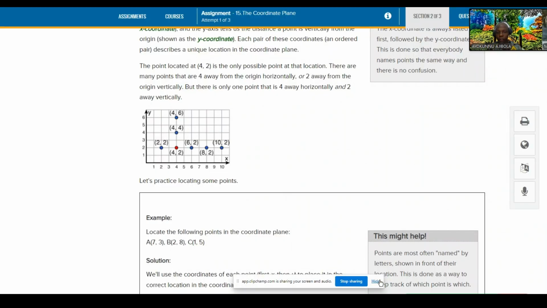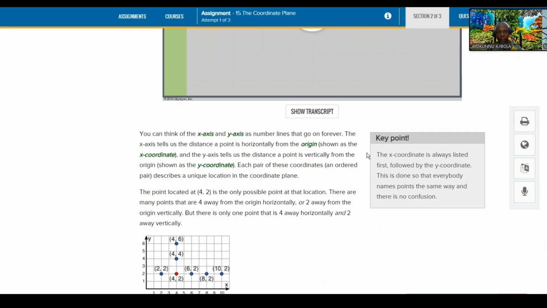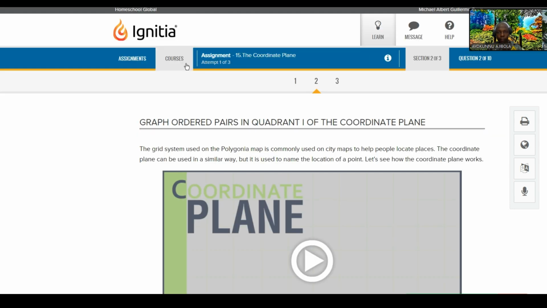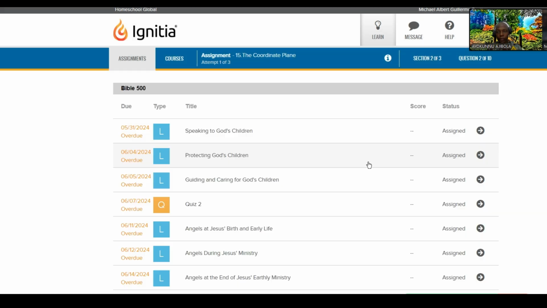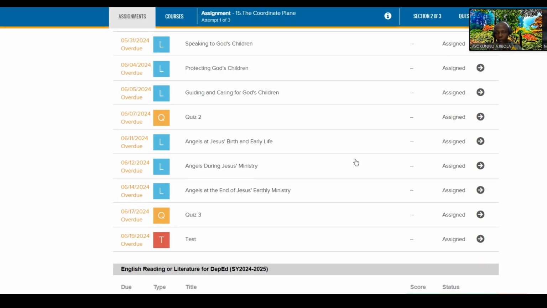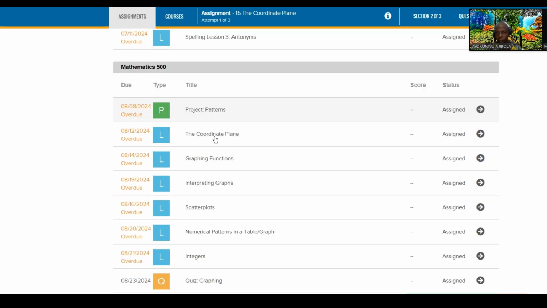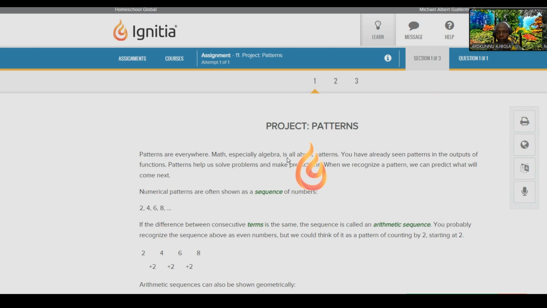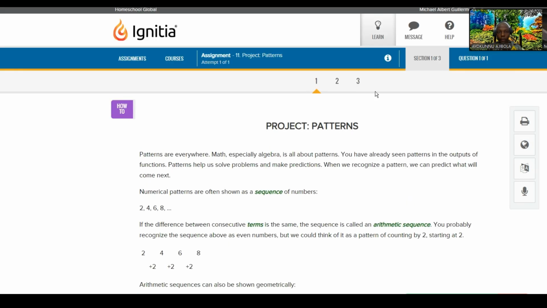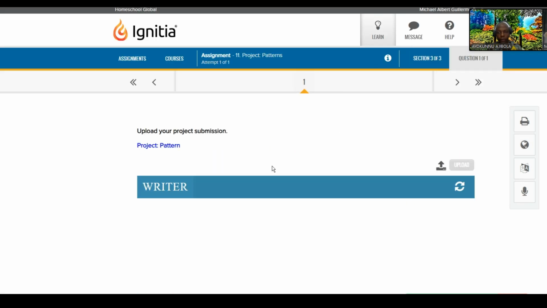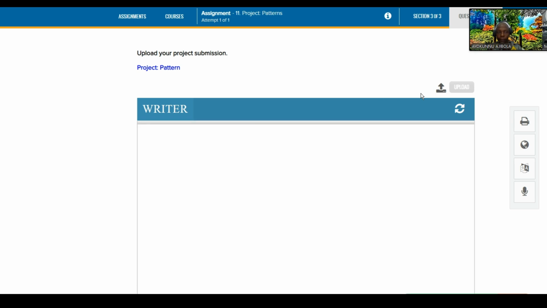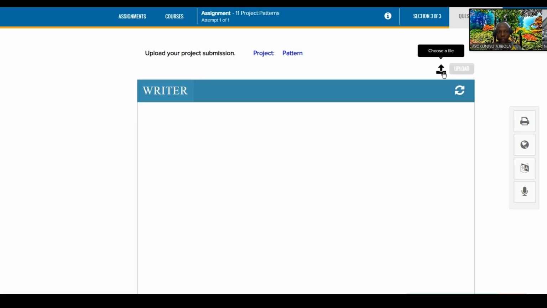So let's try to upload that project. Let's try to upload it first before anything else, so that that one is off the grid. Project pattern. So we want to work on questions, okay? Then we try to choose the file.